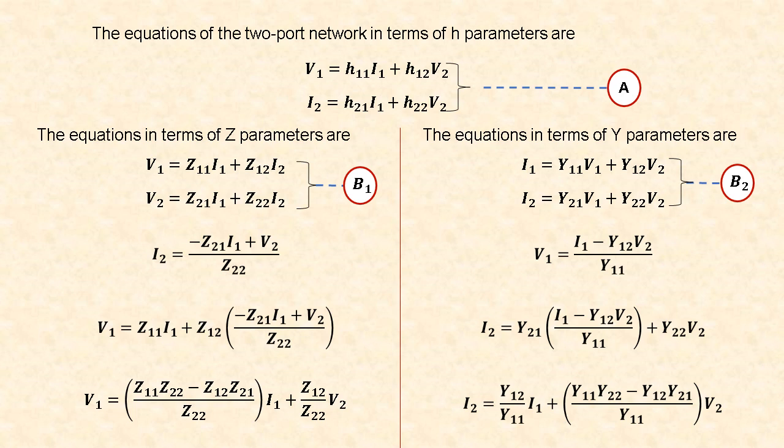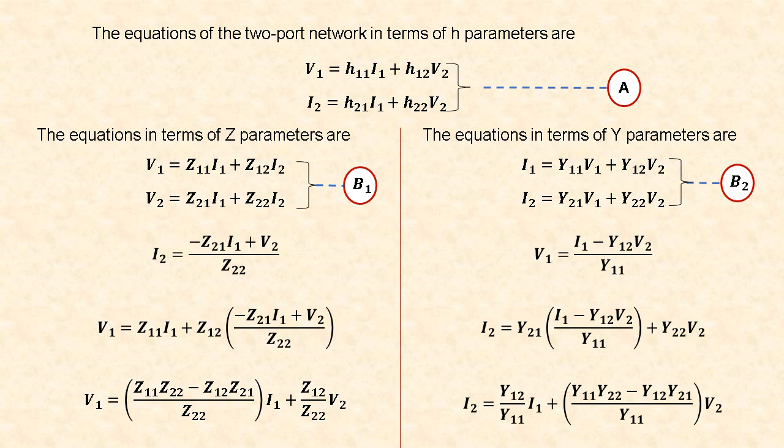Now, substituting this I2 in V1, we have V1 is equal to Z11 into I1 plus Z12 into minus Z21 into I1 plus V2 divided by Z22. Rearranging, we have V1 is equal to (Z11 into Z22 minus Z12 into Z21) divided by Z22 into I1 plus Z12 by Z22 into V2.